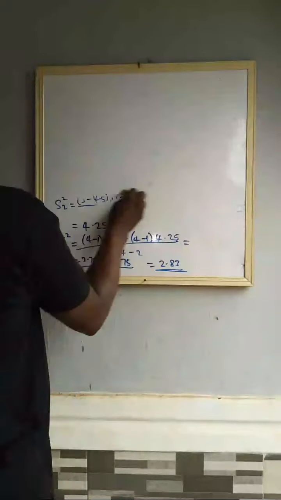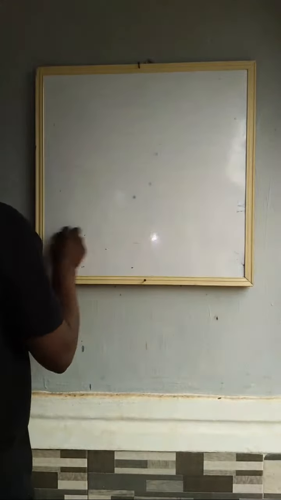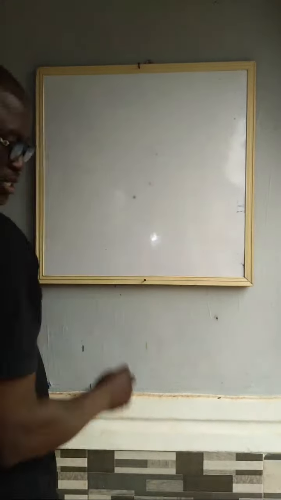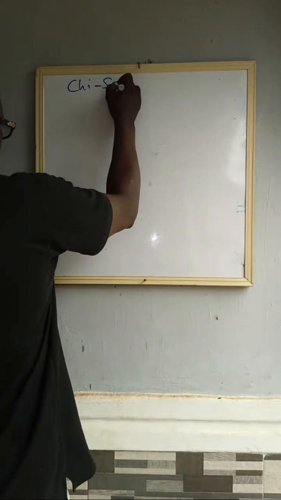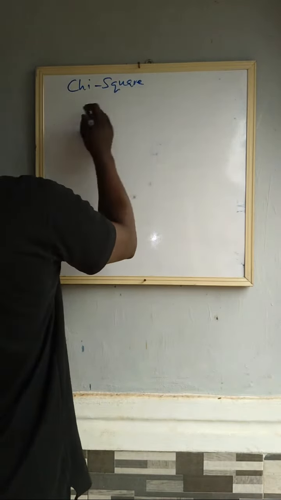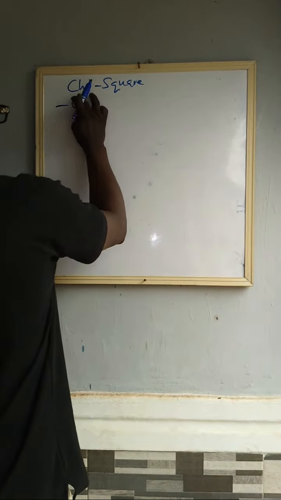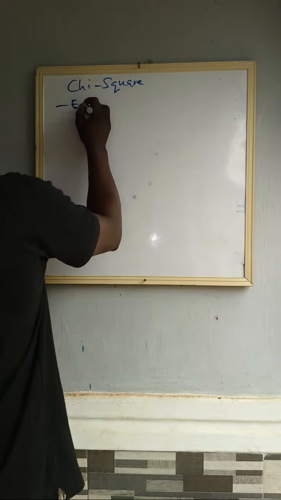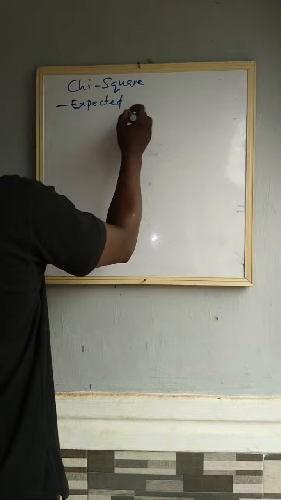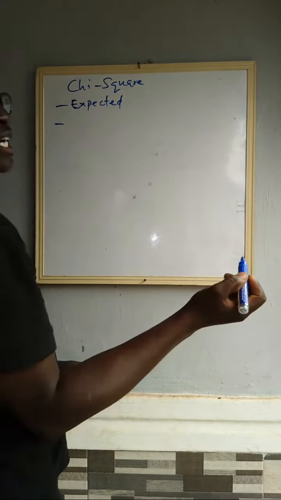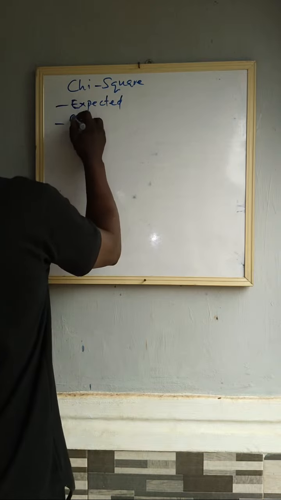So we want to make mention of where we can apply them briefly. Chi-square tests. All right. So when you have something that you expect, you are expecting particular data, and then when you now obtain the data, what you have is not the same as what you expected, so you have observed.